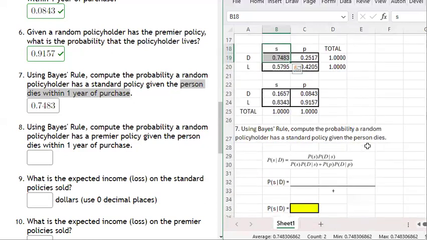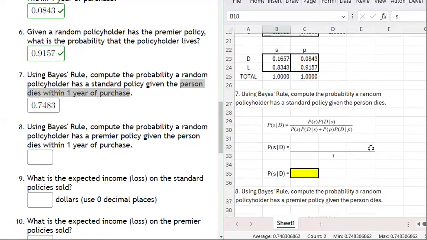Let's go down here to Bayes' rule and compute it, okay? Now, this is Bayes' rule right here. This is the probability of the policyholder having a standard policy given that policyholder died within the year.